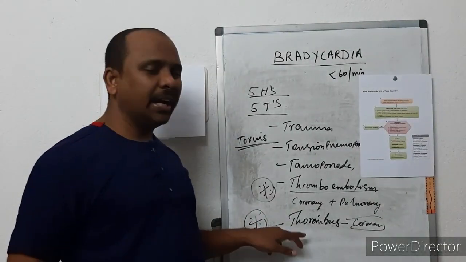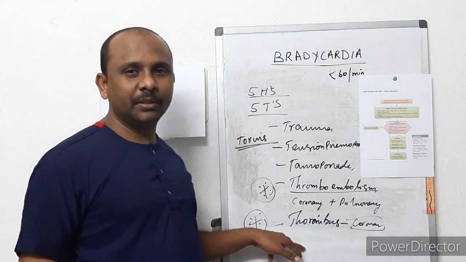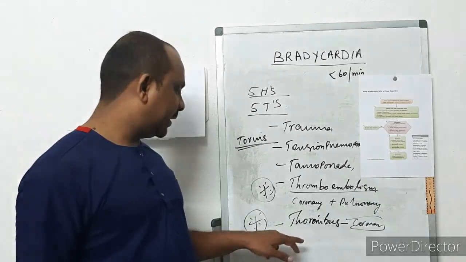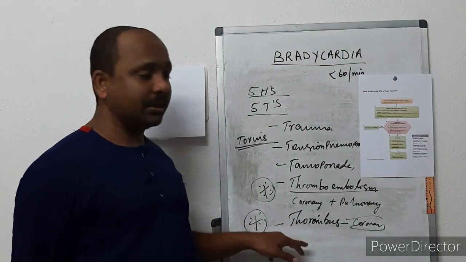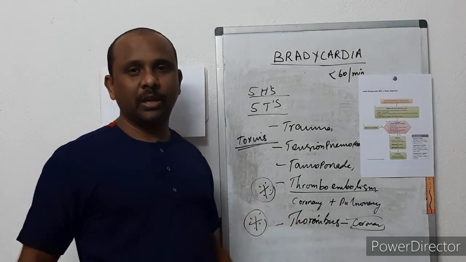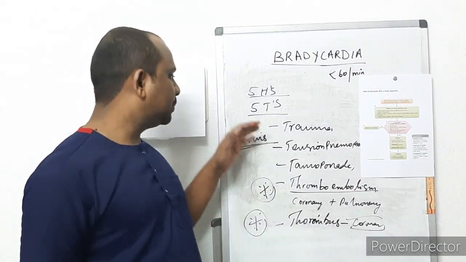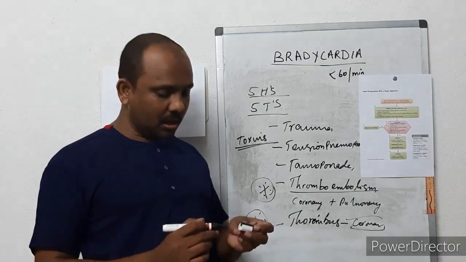You should see if there are any MI changes, especially in the inferior leads. All the others may also produce bradyarrhythmia. Try to rule out electrolyte problems, especially hypo and hyperkalemia. All these will give you better treatment.